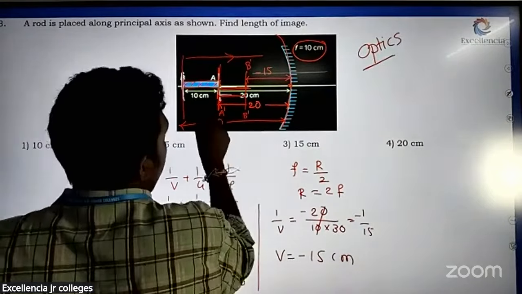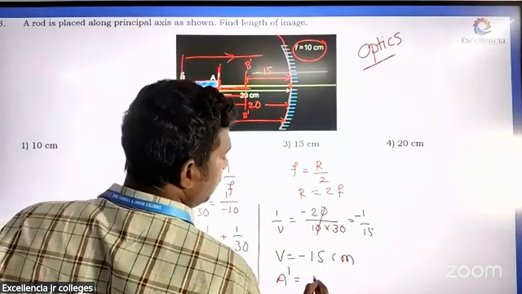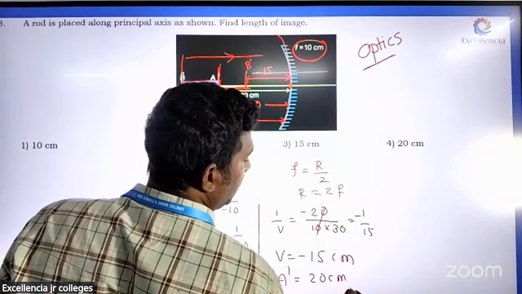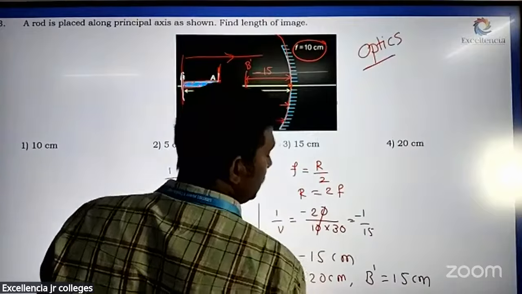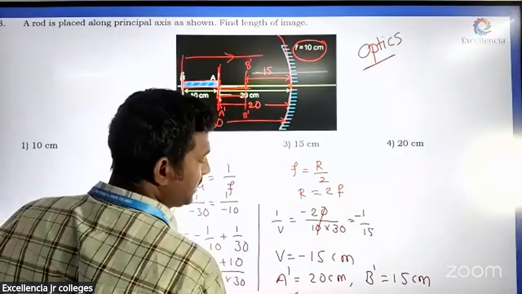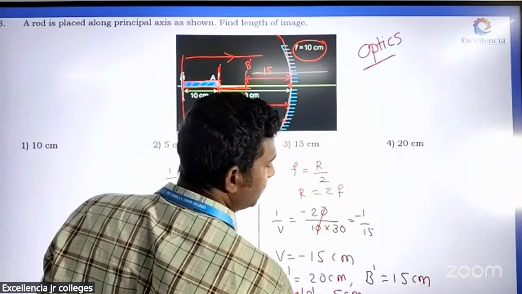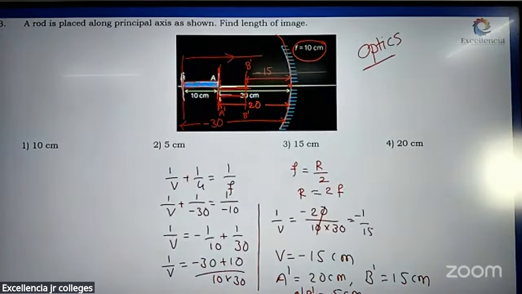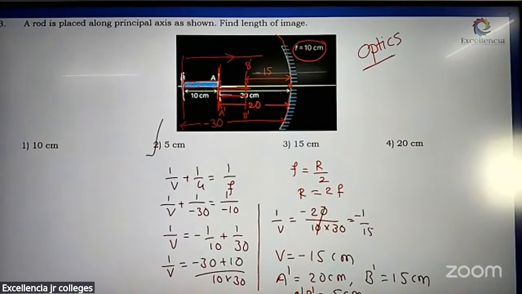Now A dash is 20 centimeters, B dash is 15 centimeters. So the length A dash B dash is equal to 5 centimeters, the image length. So the second option will be the answer for this.